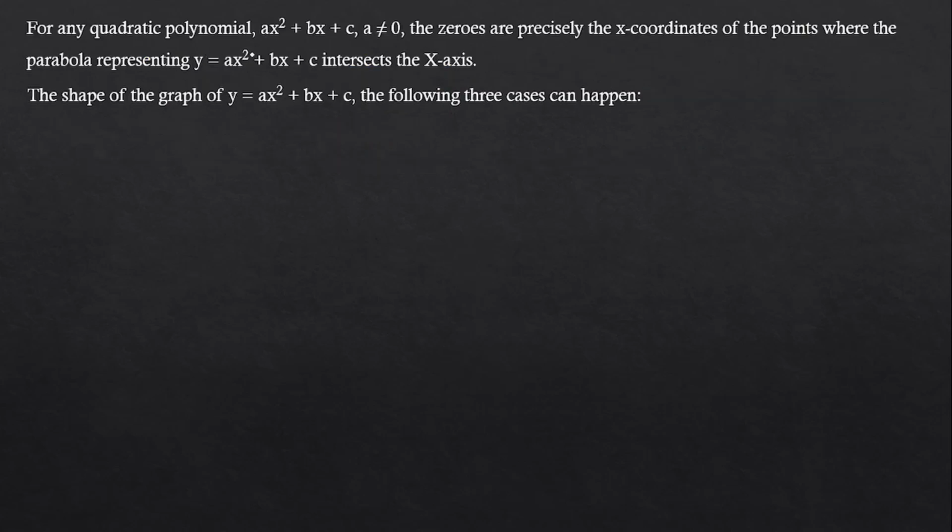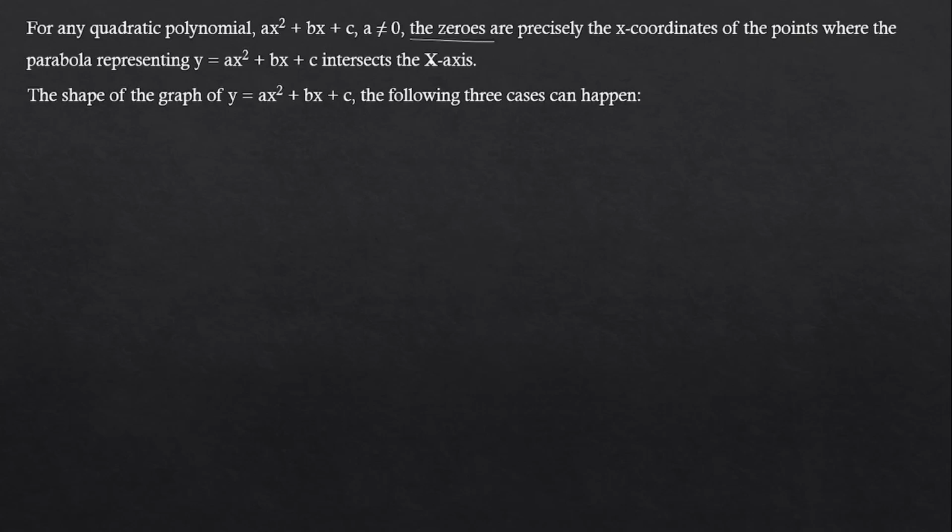Now, this understanding of the graph is very important because it enables us to find the zeros of the quadratic polynomial. If I can locate the x coordinates of the points where the parabola intersects the x-axis, those points represent the zeros or the roots of the polynomial.